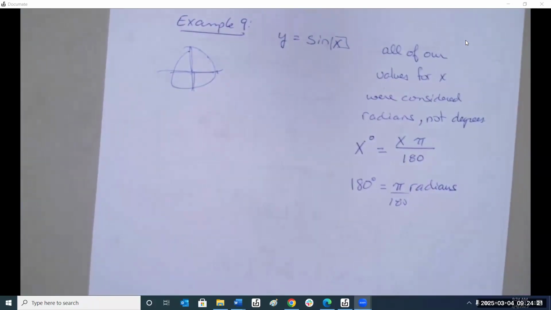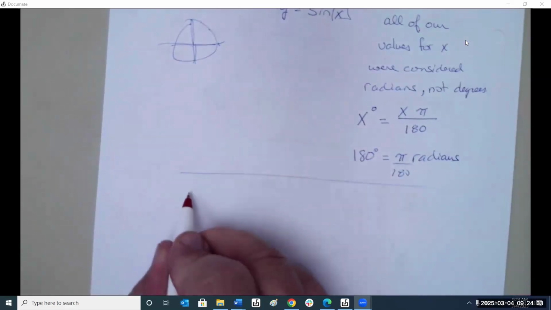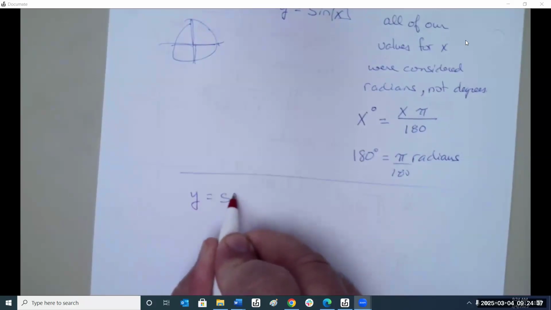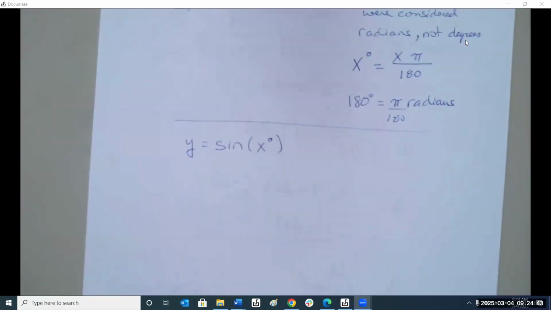That's the conversion from degrees to radians. We have an example here somewhere. Let's say we had this, some value in degrees, I don't care what it is.